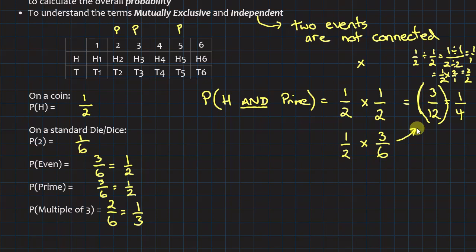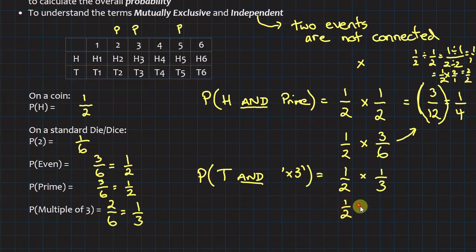Looking at our two fractions, 1 times 3 and 2 times 6 gives me 3 over 12. So that gives us our two ways we think will combine. Let's try another one. Let's try the probability of a tail and a multiple of 3. Well, the probability of tails is a half. A multiple of 3 was 1/3, or 2 out of 6.